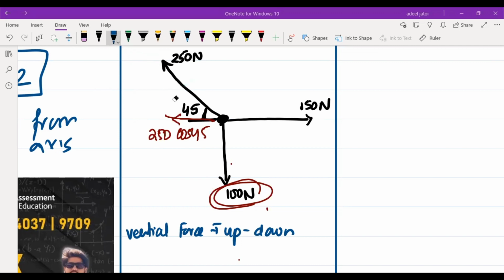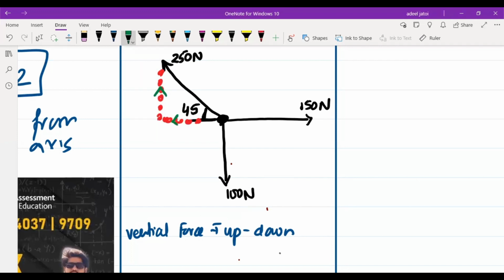Now let's work upon the same concept. This force will be moving towards left and this will be moving towards up. So upward force is 250 sine 45.